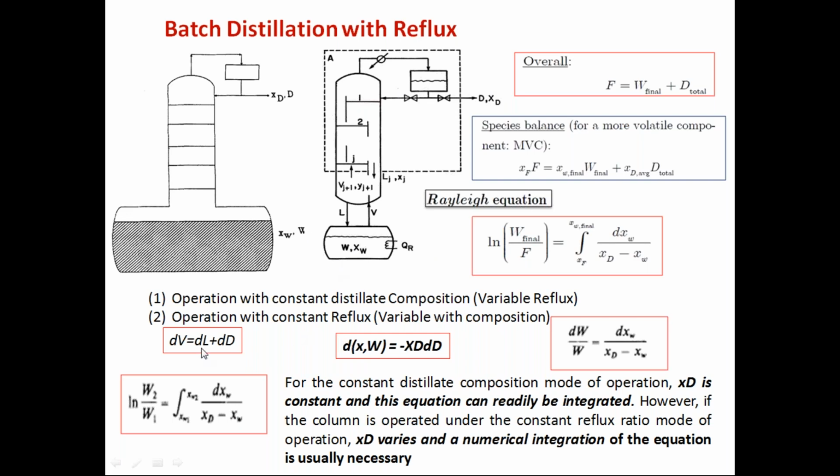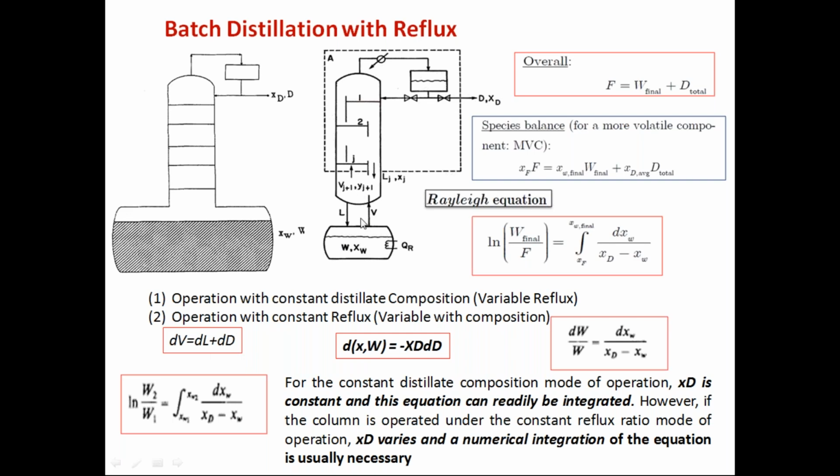So you have, for example, if you take this one where continuously the vapors are generated and the liquid is obtained, then a differential vapor which is obtained here will be equal to the differential liquid which is sent back, and a differential distillate which is taken. So this is the equation which will result.